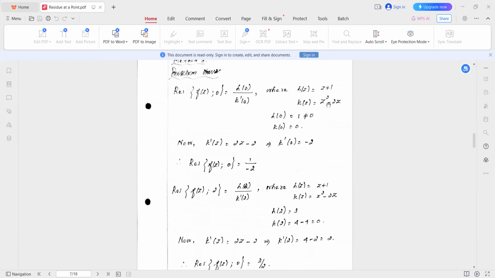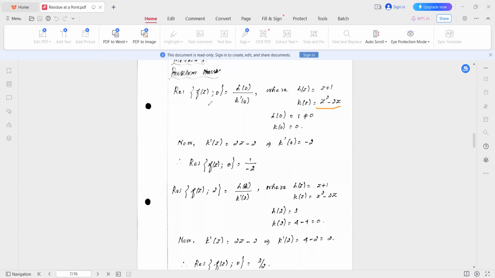So here I need to find k dash of z, so that I can substitute 0 in it. So k of z is z square minus 2z. Then what is the value of k dash of z?